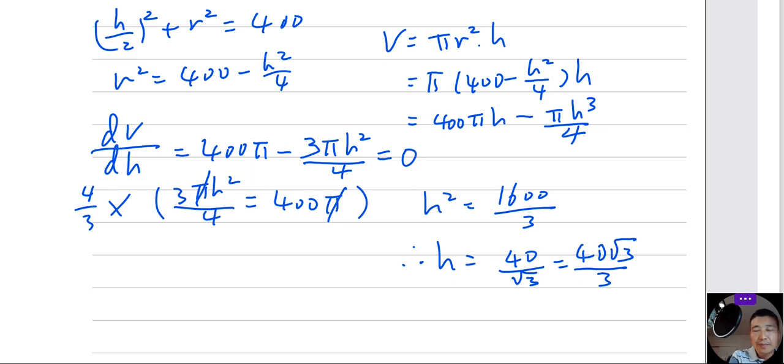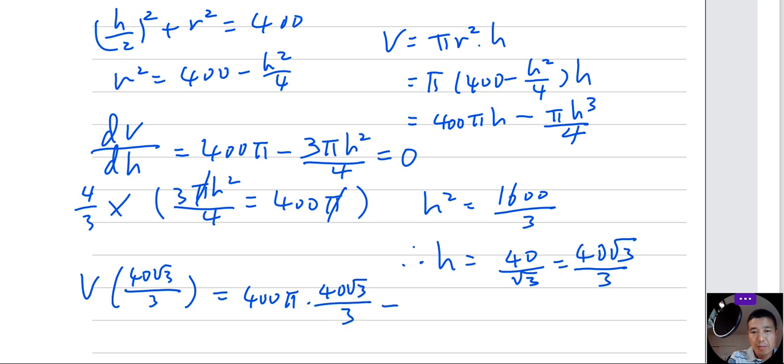So V is 400 pi times 40 square root of 3 over 3 minus pi over 4 times 40 square root of 3 over 3 cubed.